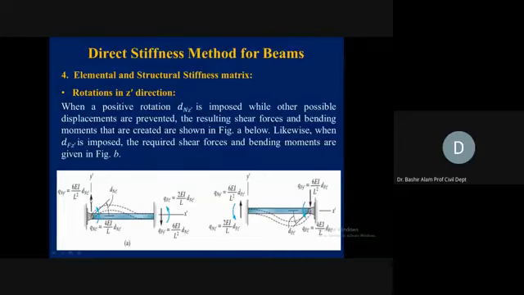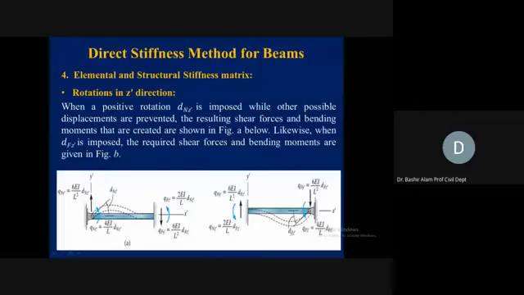If you remember, 4EI and 2EI were the famous relations for a rotation given at one end while preventing all other displacements. Those were the member end actions produced.